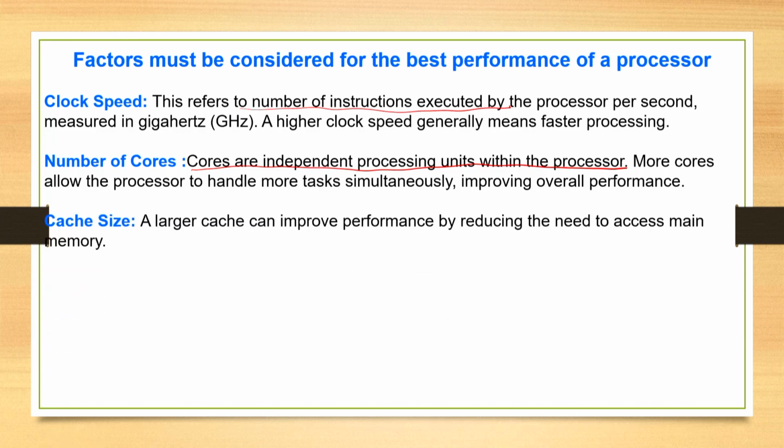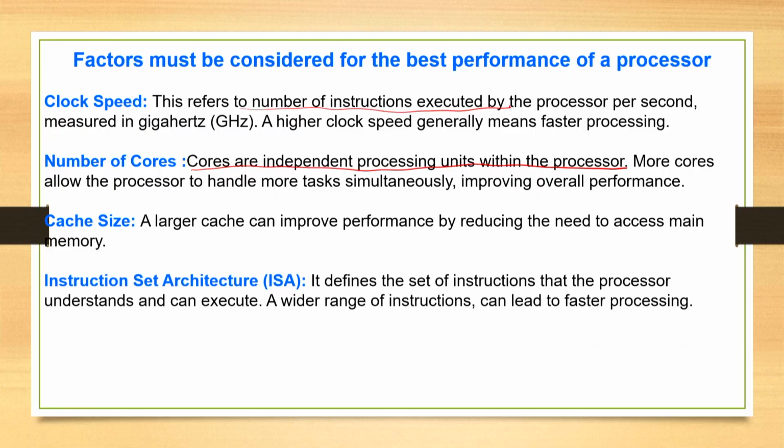Cache size. Cache is a high-speed memory that stores the data which is required by the CPU for execution, or for processing. So if the size of the cache increases, you can store that much more of the data which is currently required by the CPU. It need not look for that data in the primary or the secondary memory.